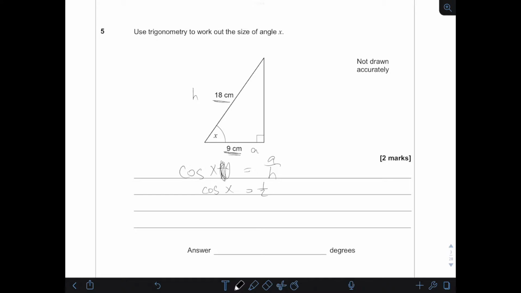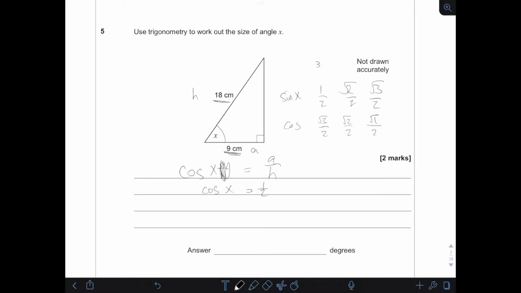The special angles should ring a bell in your head, and if it doesn't, which it doesn't for me, there is a way to remember it. That's over 2, so this is sines, and then cosine is the other way around. I did a video on this a long time ago, but essentially there are special angle rules that you can remember.